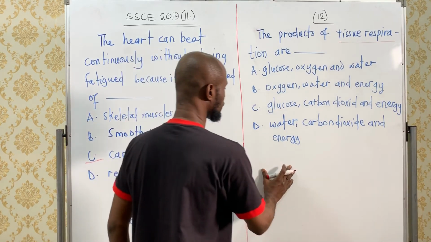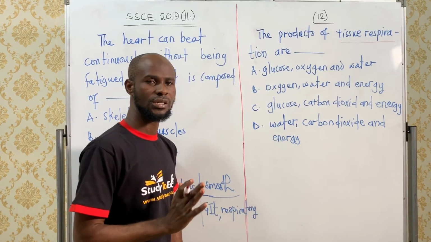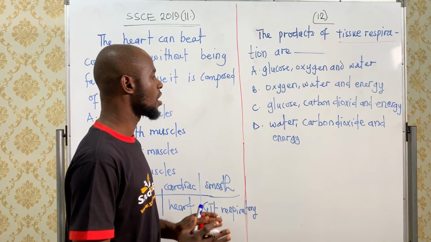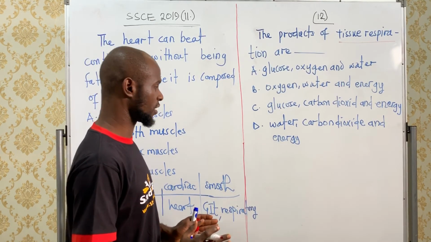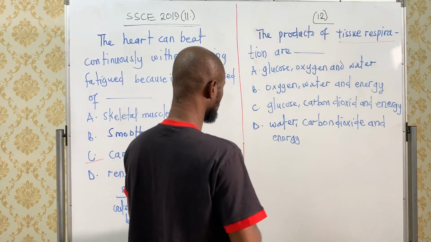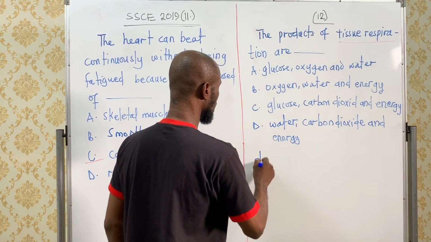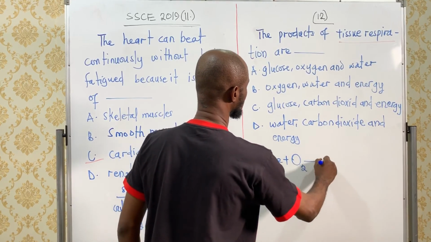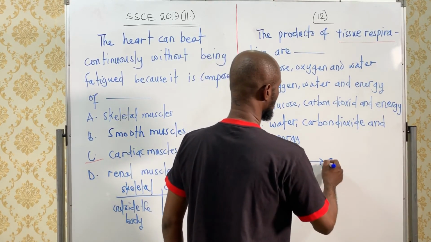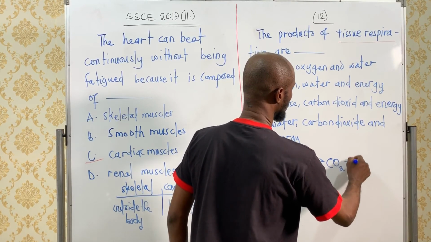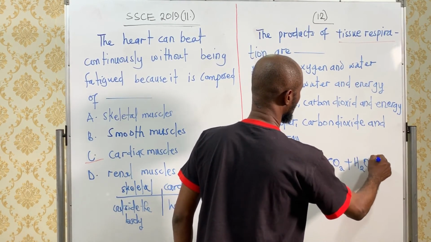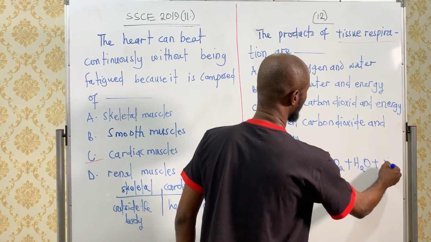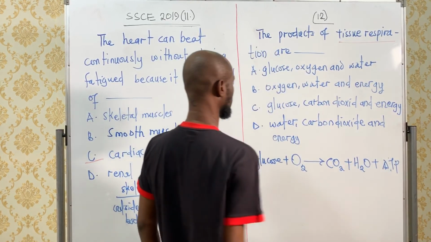So let me give the equation of cellular respiration or tissue respiration where oxygen is involved. We have glucose broken down by oxygen to produce carbon dioxide, water, and energy in form of ATP.